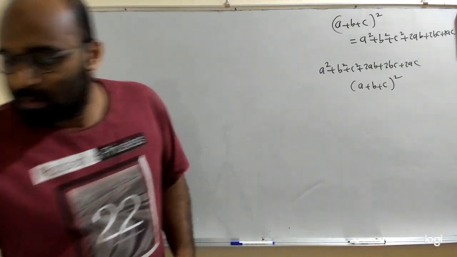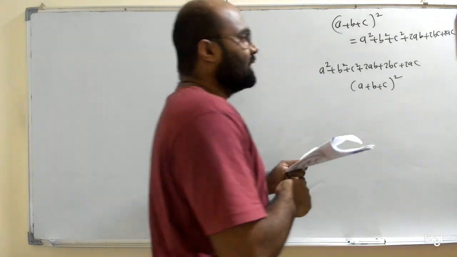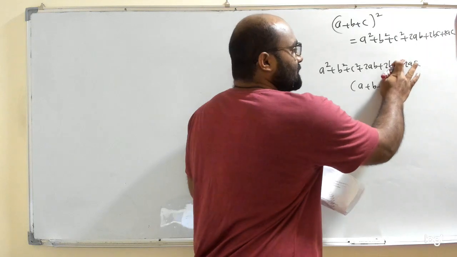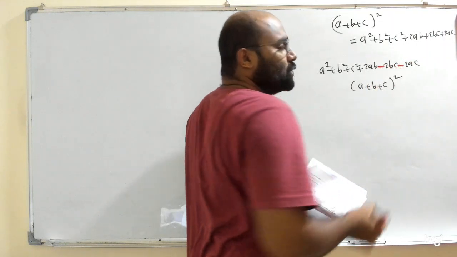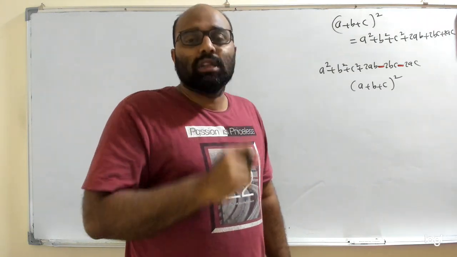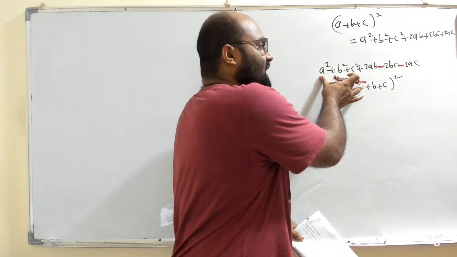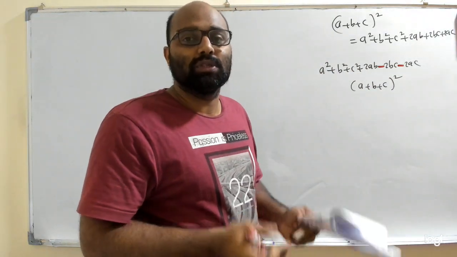Instead of this one, suppose they give like this. Listen, if they give a negative sign, here one negative sign, there will always be two negative signs. Now what will be the result? It is not that difficult. Anyway, this side the negative sign won't come because it is a square. Square of any number is always positive.